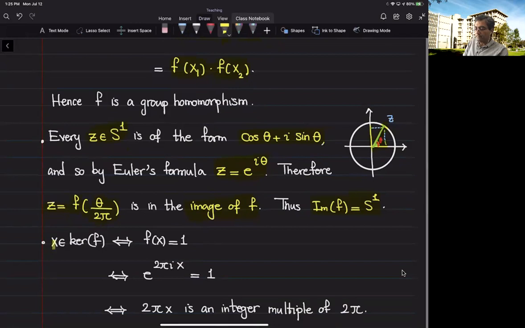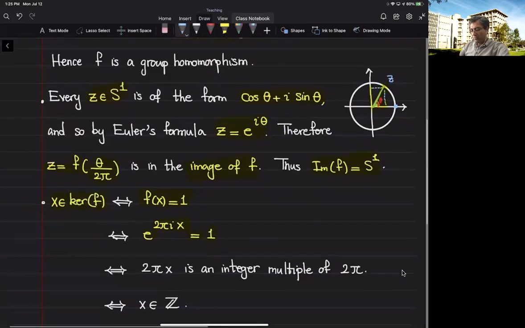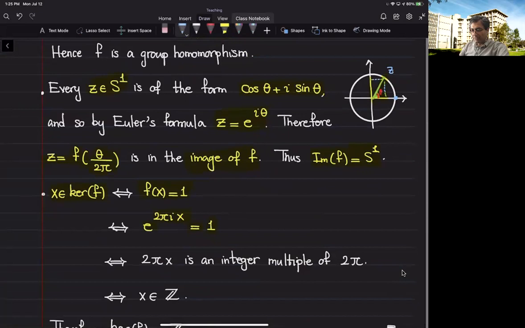Now, what is in the kernel? x is in the kernel if and only if f of x is 1. That means e to the power 2 pi i x is 1. If you think about it, this means that in polar coordinates, the angle should be 0. Now, the angle being 0 means 2 pi x is 0? Not quite. It means it can be any integer multiple of 2 pi.